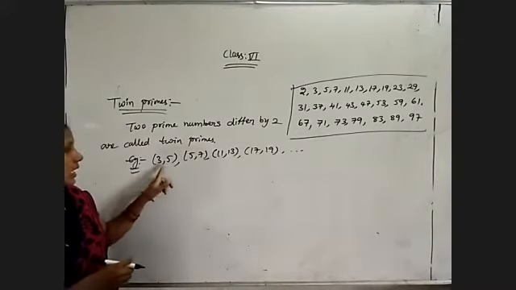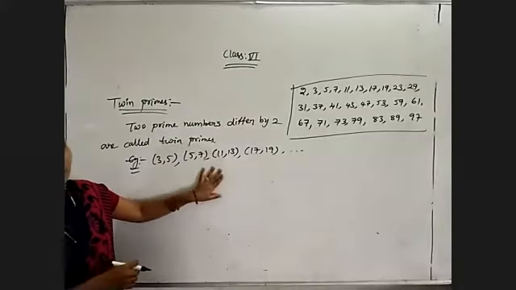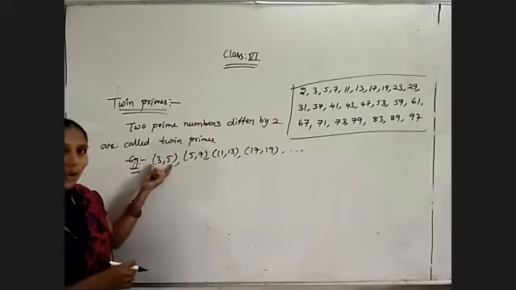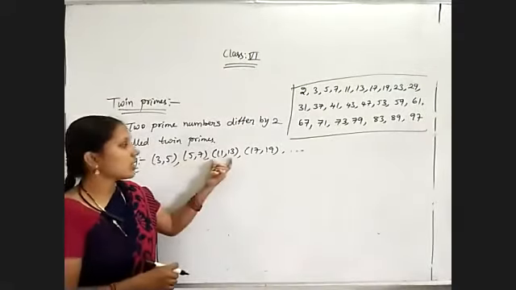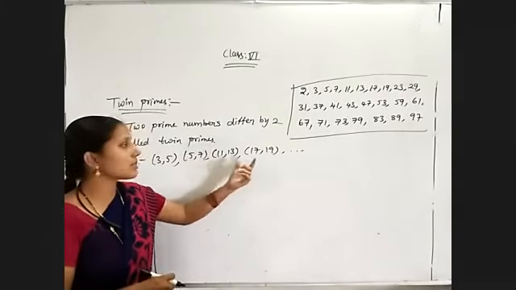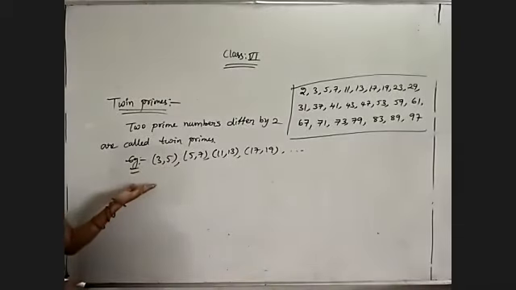So every twin prime is a co-prime. 3 and 5 are co-primes as well as twin primes. 5 and 7 are also co-primes, 11 and 13, 17 and 19 too.